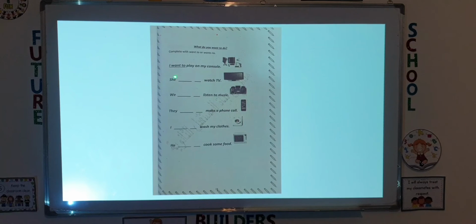Now, look at the second sentence. She. Remember, she. Do we use want or wants to? Do it yourself. I'm not gonna answer. The third sentence: we want to or wants to.